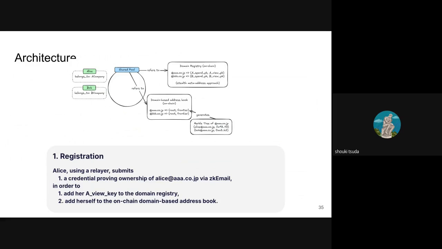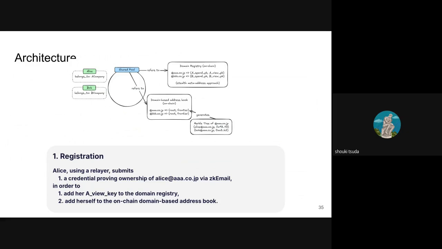Step one, registration. Alice, using a relayer, submits a credential proving ownership of alice@aa.co.jp via ZK email.